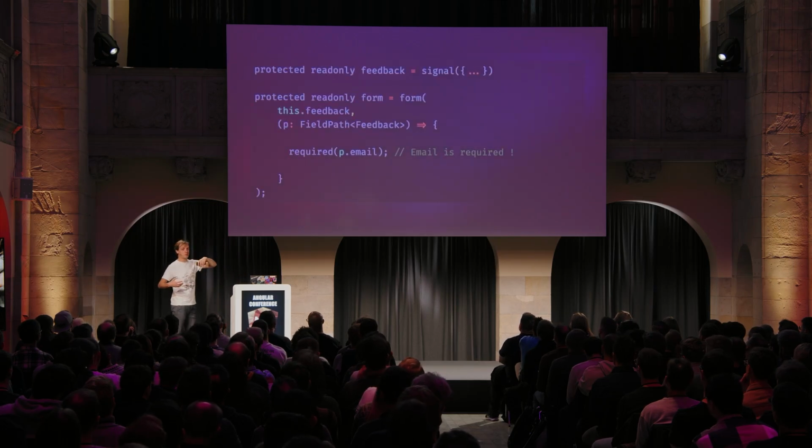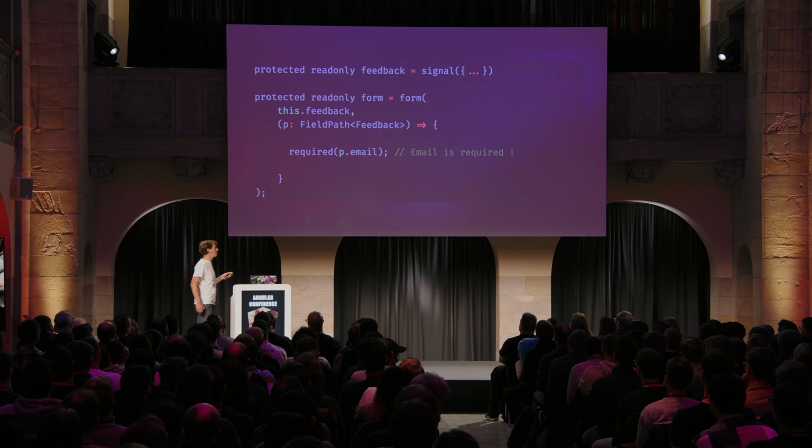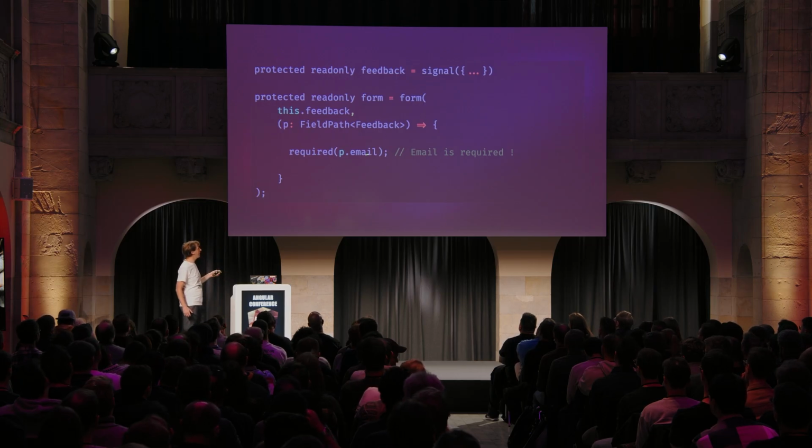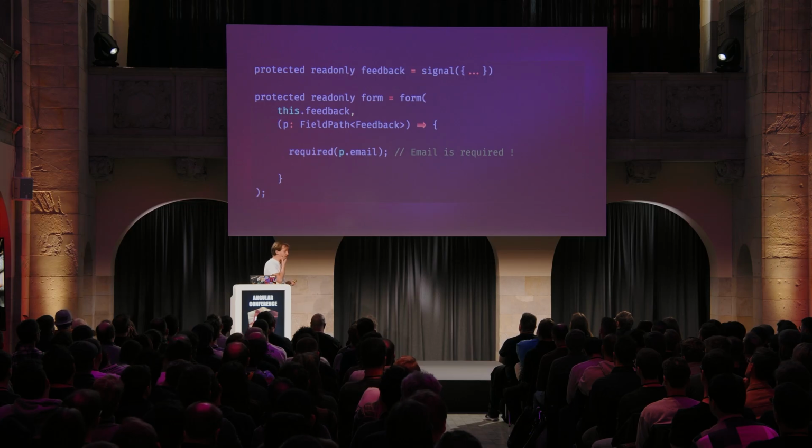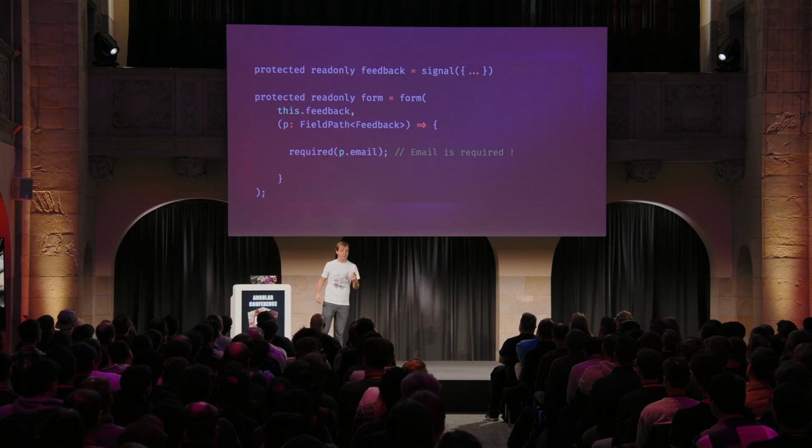So imagine you want one of the fields to be required. You say, OK, I want my email field, so the path and access the email, I just want it to be required. That's it. One of the issues that really early bothered me with the forms implemented until now is the error messages.